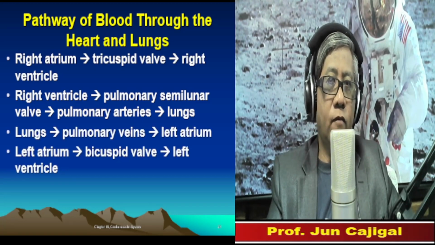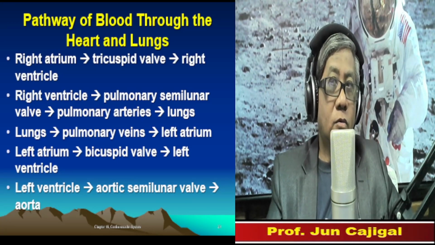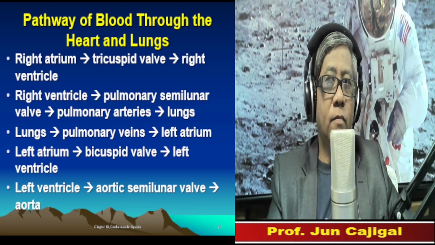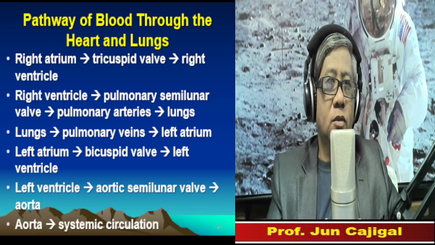The bicuspid valve opens, then the blood enters the left ventricle. The left ventricle contracts, forcing the blood through the aortic semilunar valve and onto the aorta. Then the aorta will deliver the oxygenated blood through the entire systemic circulation. So that's the pathway of blood through the heart and lungs.